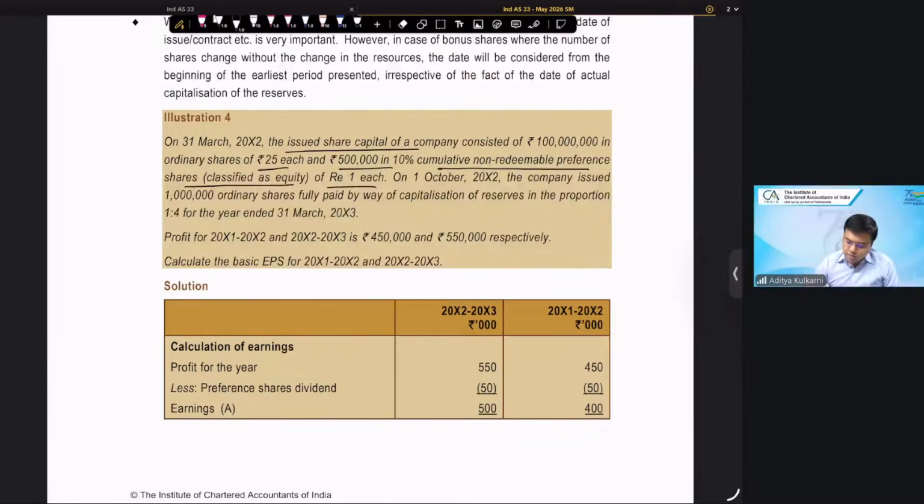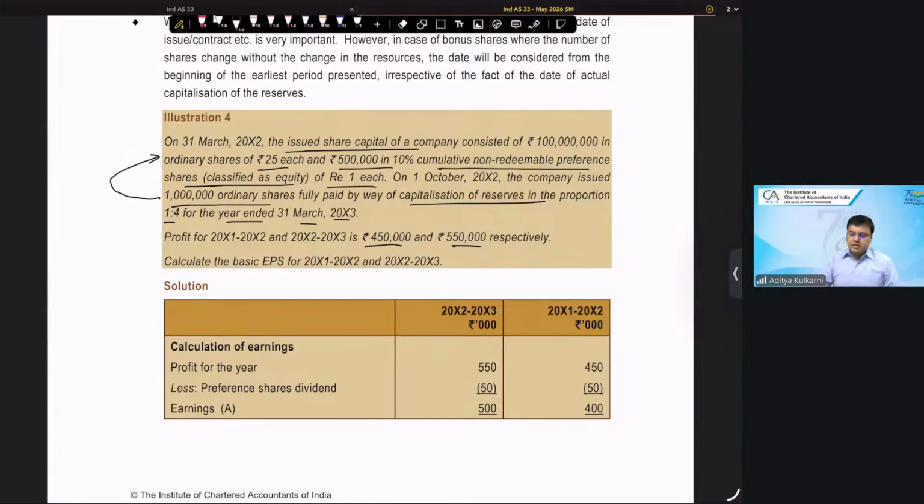On 1st October 20x2, the company issued 1 million, that is 10 lakh, ordinary shares fully paid. They are giving a bonus for these shares by way of capitalization of reserves in proportion 1:4 for the year ended 31st March 20x3. Profit for X1, X2 and X2, X3 is 4 lakh 50 and 5 lakh 50,000 respectively. Calculate the basic EPS for X1, X2 and X2, X3.